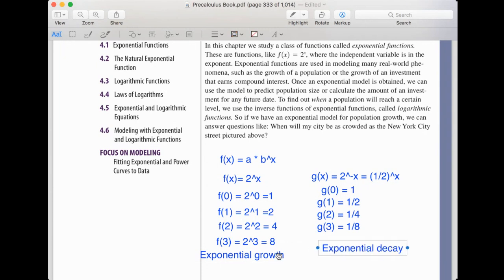An exponential growth graph goes upward as x goes upward: x gets bigger, y gets bigger. In exponential decay, x gets bigger but the y value gets smaller.